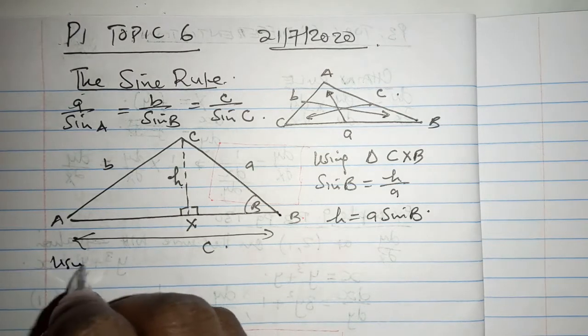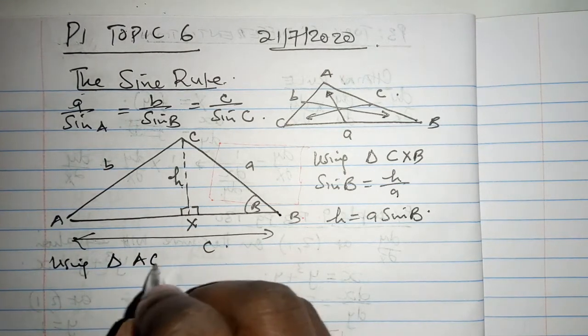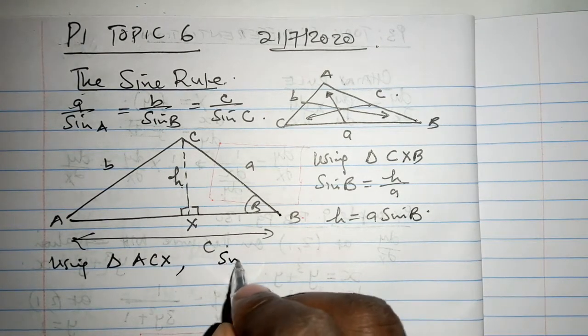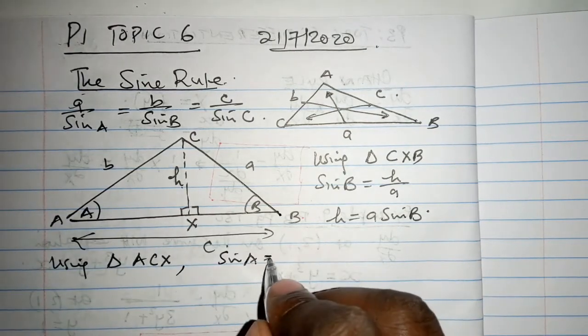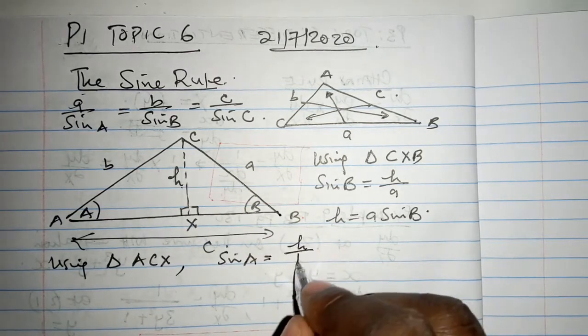Again, using triangle ACX, we can also have that the sine of angle A, which is this angle, is given by opposite over hypotenuse, h over b.